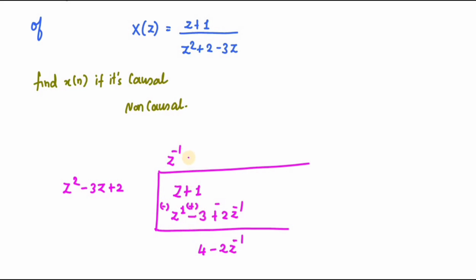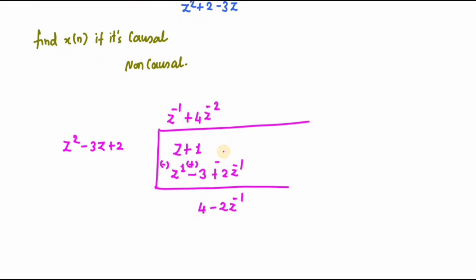Next, I have to multiply with 4 into z power minus 2. Or it may be minus 4. Okay. So I can do it in either way. So first let me write it as plus 4.